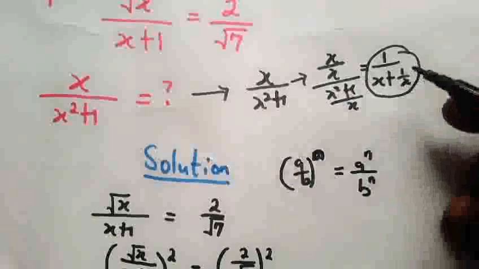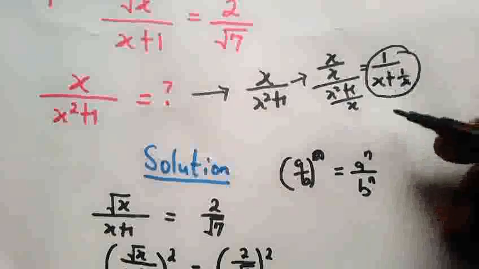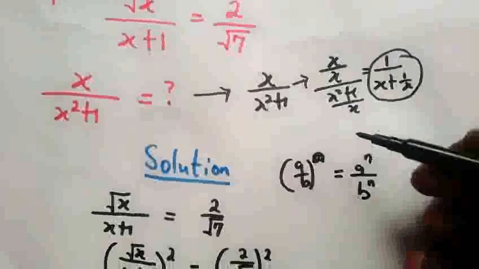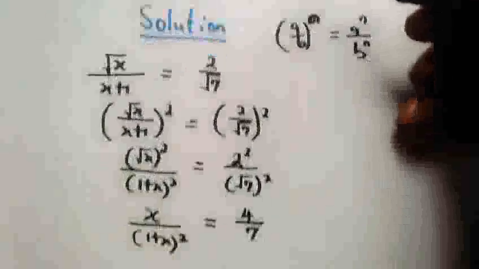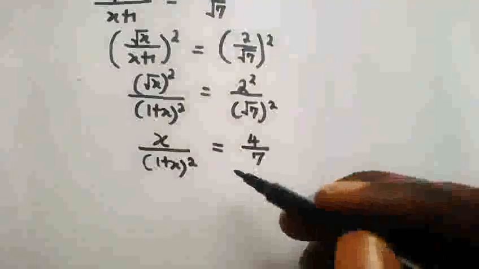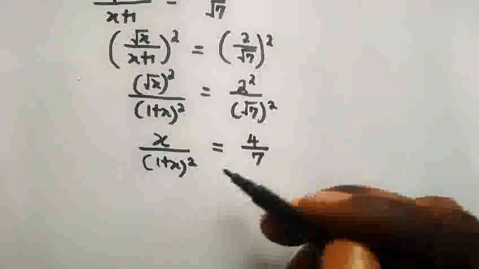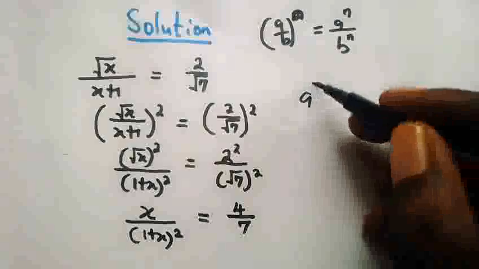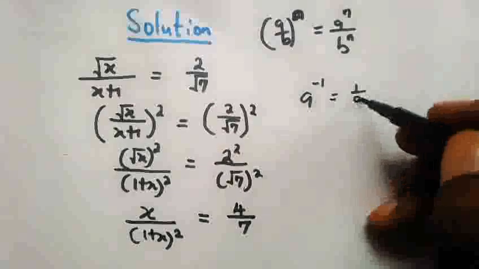So in the equation, I need something that will look exactly like this, maybe by taking the reciprocal, and we get the value of this without any calculating device. So let me take the reciprocal of both sides of this equation. Look at what I mean: a raised to power -1 is equal to 1 all over a.